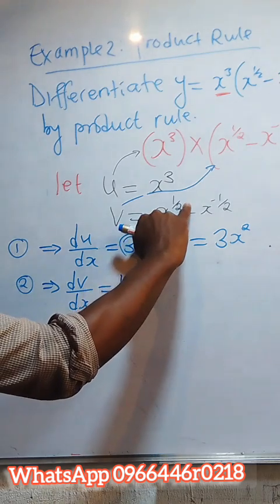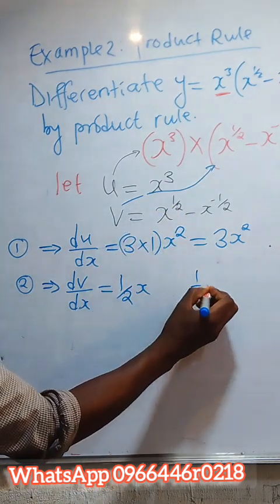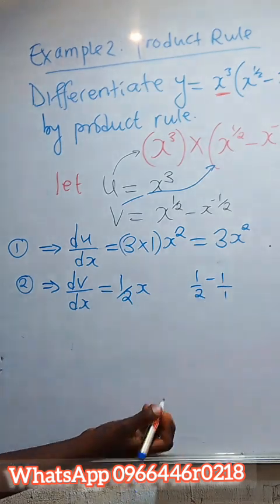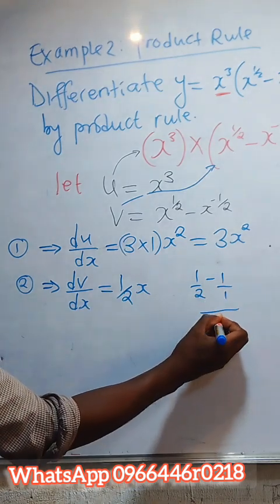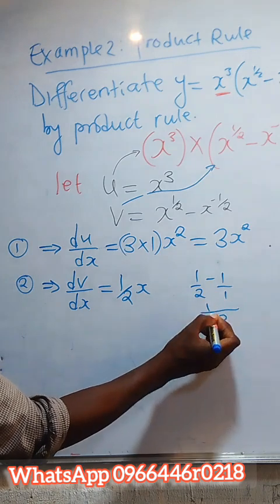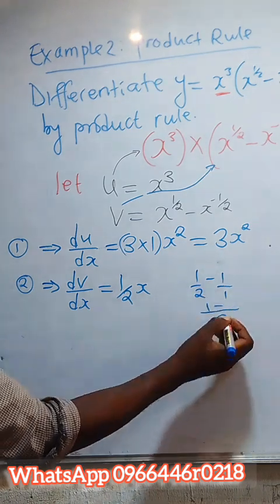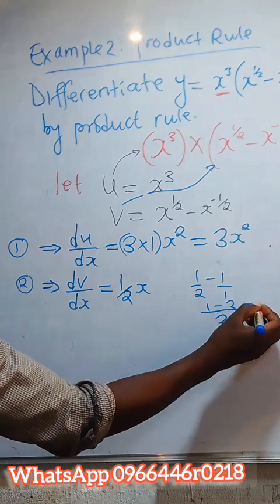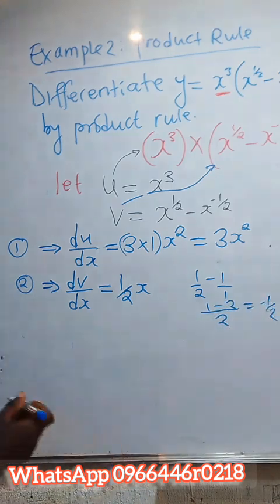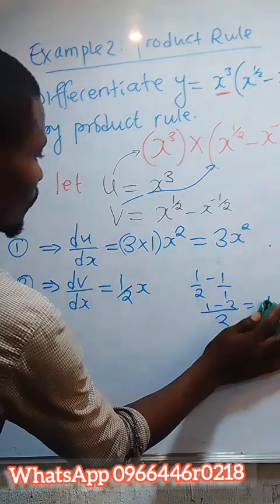Now this power, which is half minus 1, you find the lowest common denominator. So this is 2 into 2, it's 1 times 1, it's 1 minus, and then 1 into 2, it's 2. So you're going to have negative half. Okay. So you needed to understand that.